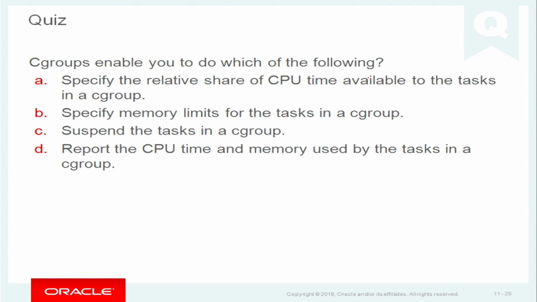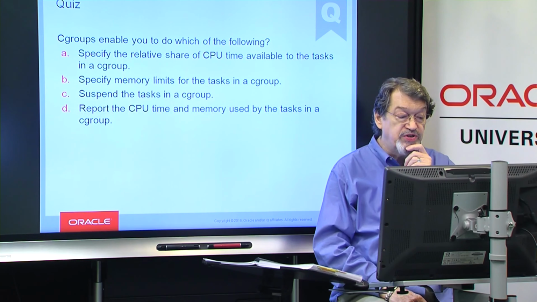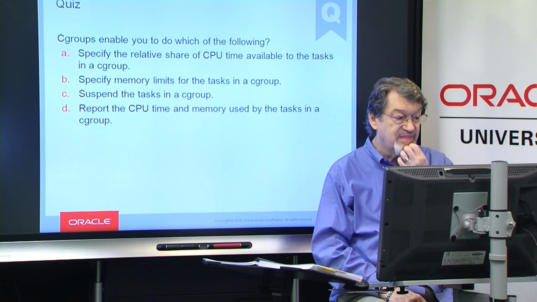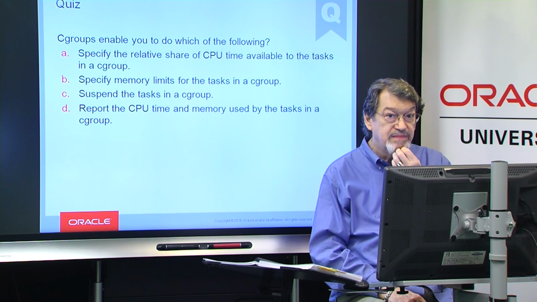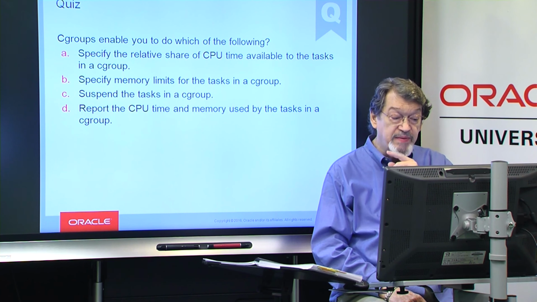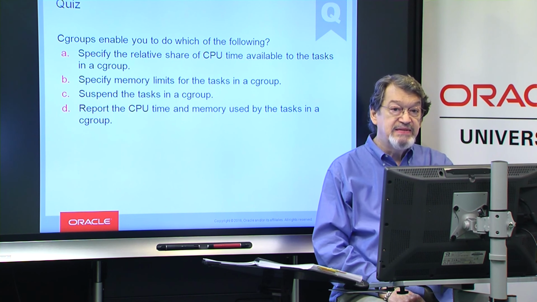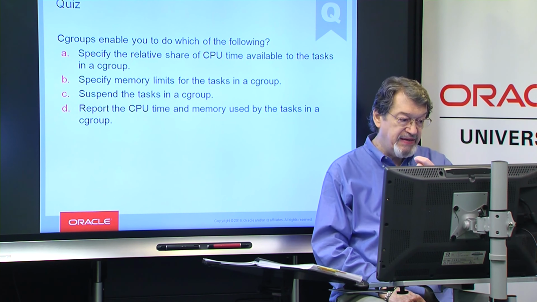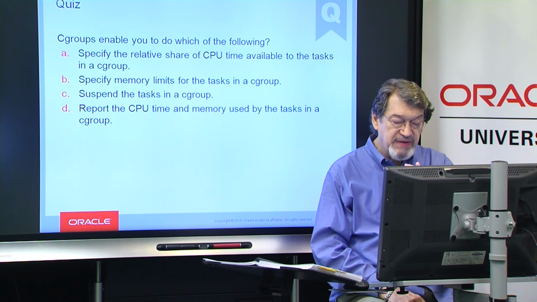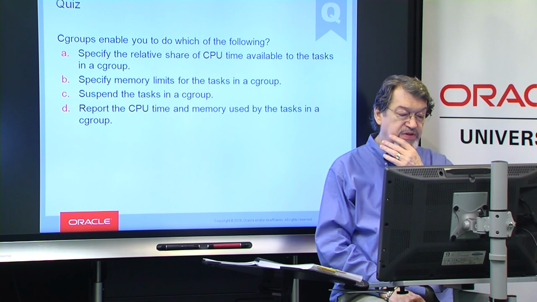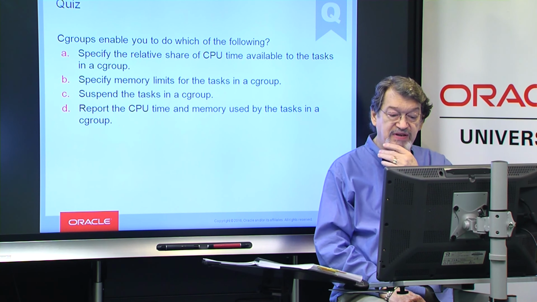Quizzes. Cgroups enable you to do which of the following? Specify the relative share of CPU time available. Specify memory limits. Freeze a task, suspend it in a container. Or report the CPU and memory used by the task in the cgroup.